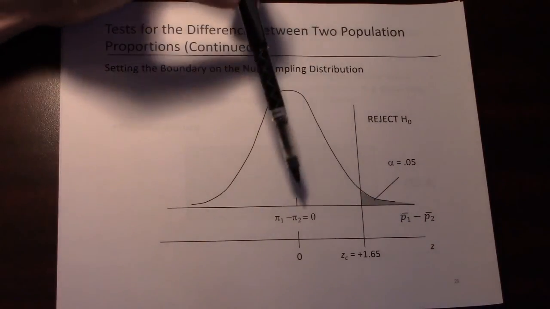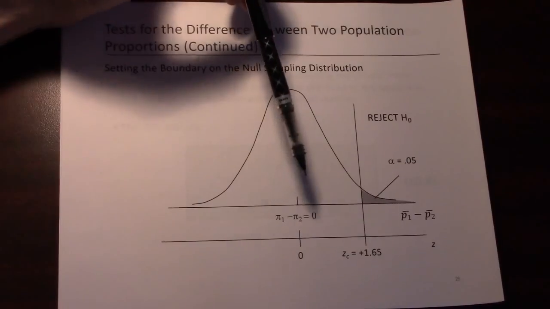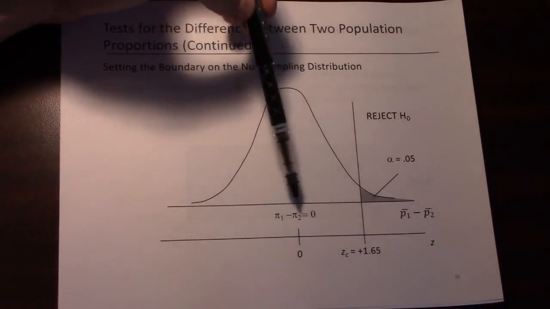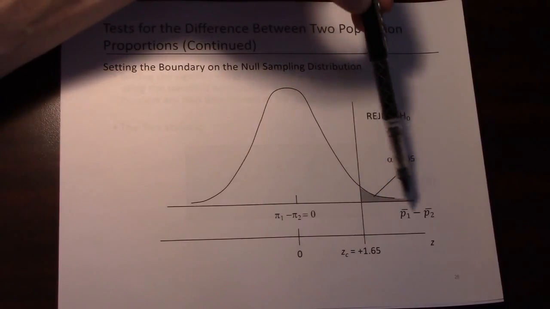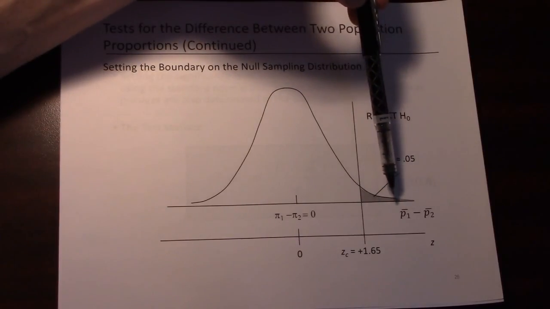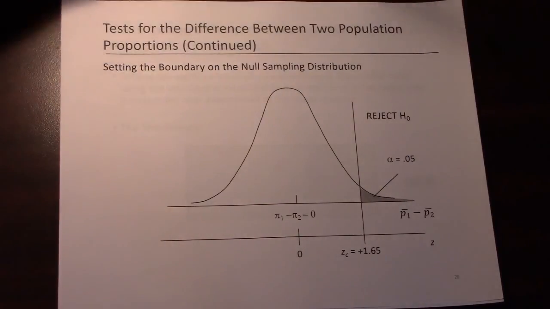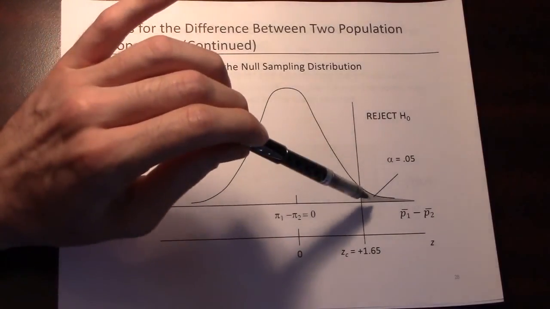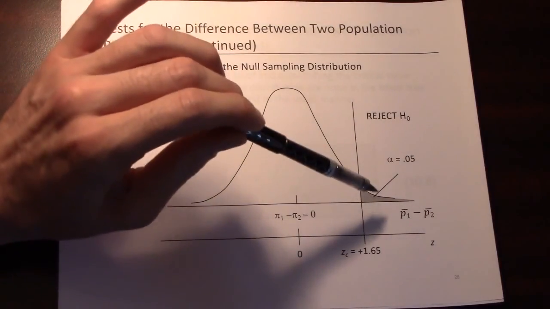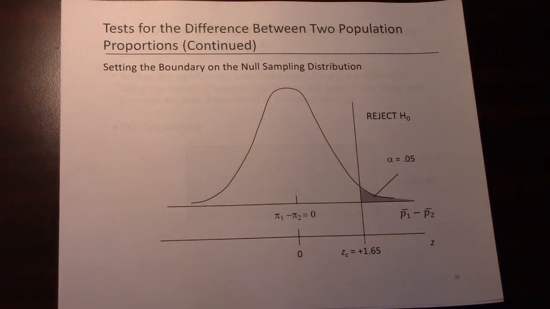We would say, well, if there truly is no difference between proportion 1 and proportion 2, then we would only get a sample proportion difference this significant 5% of the time. Same thing. If the null hypothesis is true, then this would only happen 5% of the time. And when I say this, I mean the sample proportions that we go out and test using good sampling techniques, and we find the difference between those two.